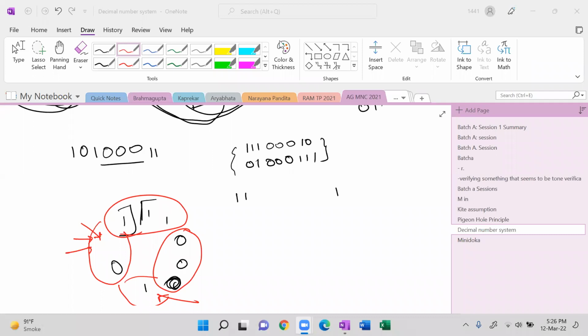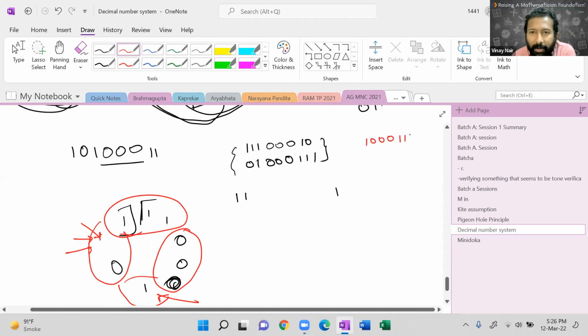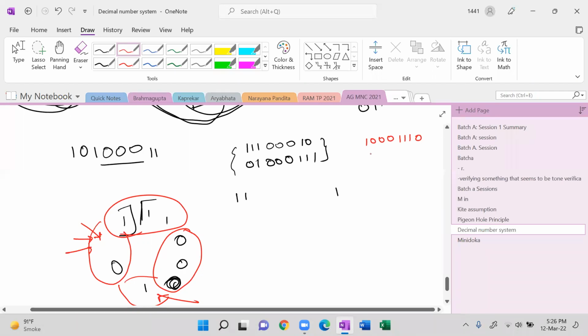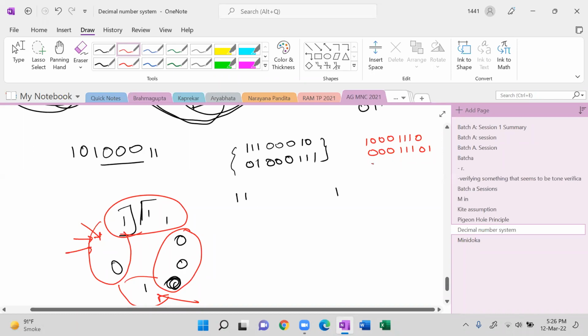Sir, we can start it with 1000111 0. And we can also start with the second digit in that, 0001110, 0000111 and then 01 01, and then 00111.